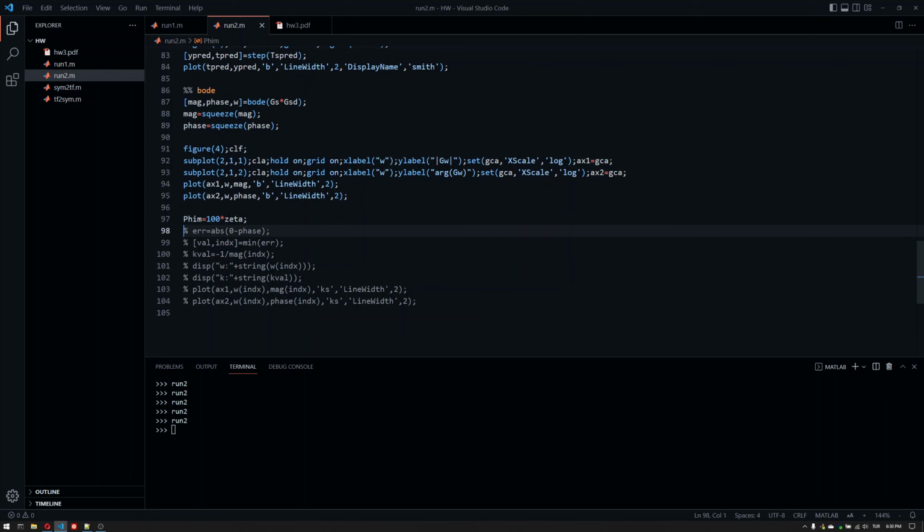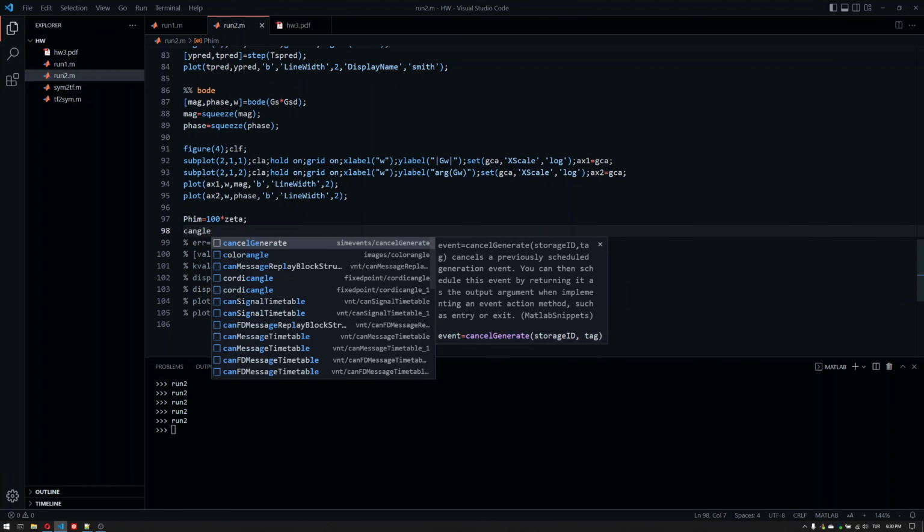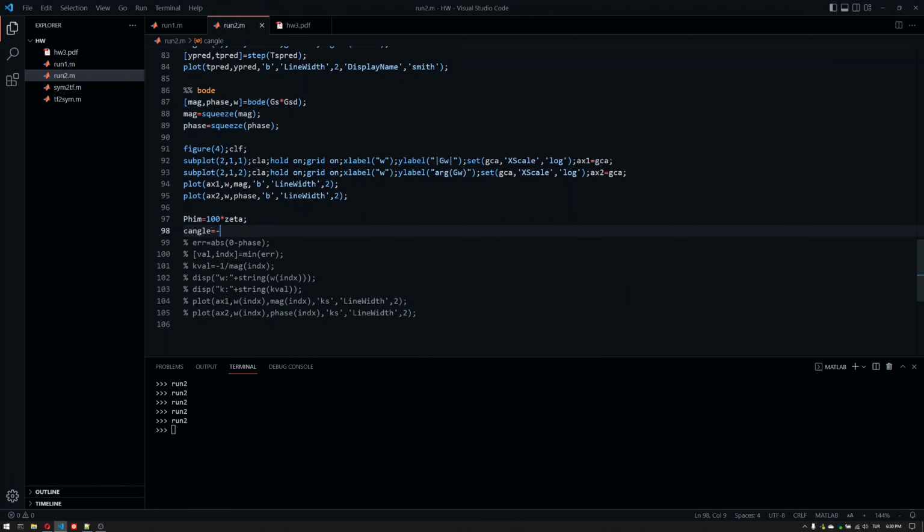One of them is to approximate the phase margin with 100 times zeta, and the other one is an arctan formula, which you would recognize from the laboratory sessions, but I'm going to use this one for now. Now, we are looking for an angle here. I'm going to go through the steps here, but I'm not really going to go into detail.